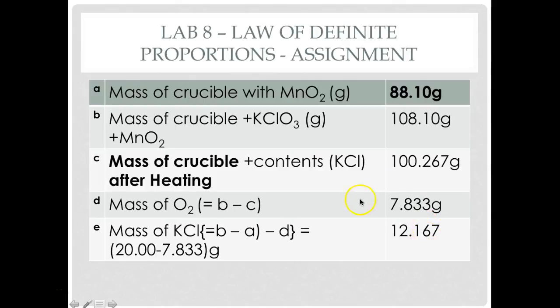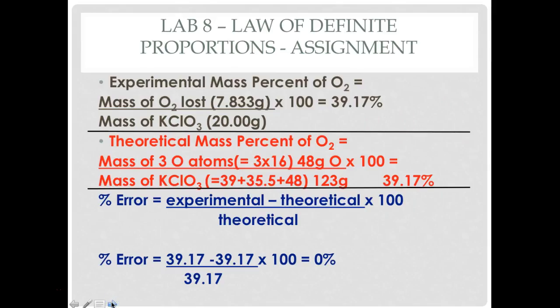So if I take out the mass of the oxygen, what I'm left with is the mass of the KCl. Okay. So the mass of the oxygen lost from my experiment is 7.833. The mass of the initial KClO3, the reactant, is 20 grams, times 100. So 39.17% is my percentage mass for oxygen.